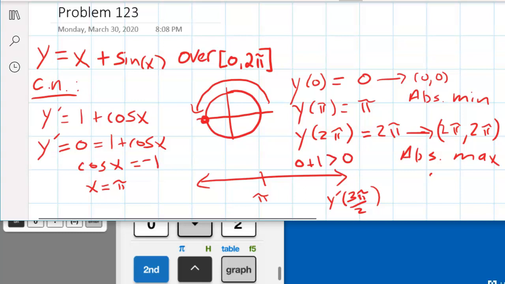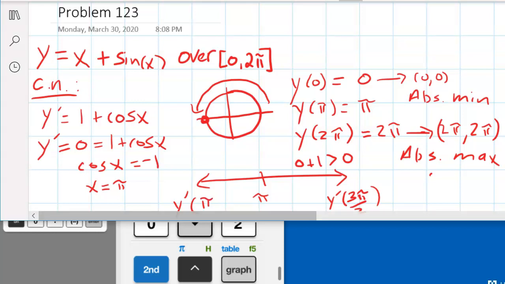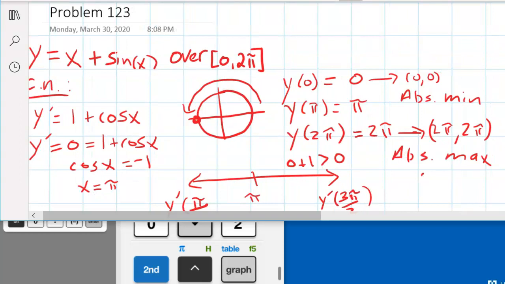And to the left of pi, let's say we'll look at y prime at pi halves. See if I can get this to move here.